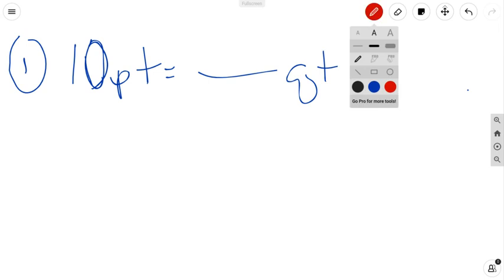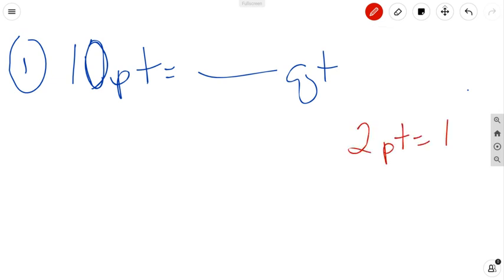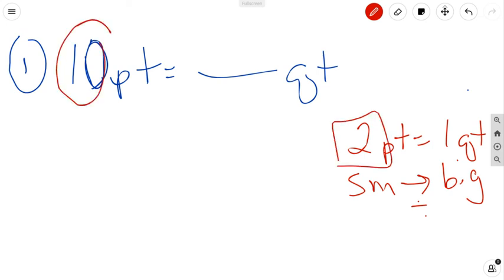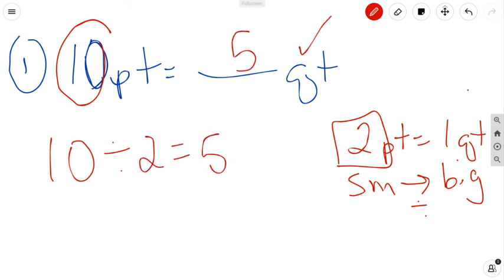So I know, and you'll know eventually, that there are 2 pints in 1 quart. Because we're going from small to big, we're going to divide. So all I'm doing is taking the 10 and dividing it by 2. 10 divided by 2 is 5. 5 quarts. Done.